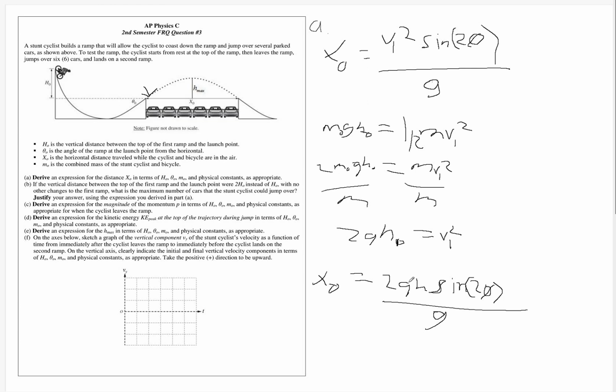But then look, we can cancel out the gravity since they're the same. Therefore, we are left with x naught is equal to 2 h naught sine 2 theta. And this is the expression we can use to find distance x.